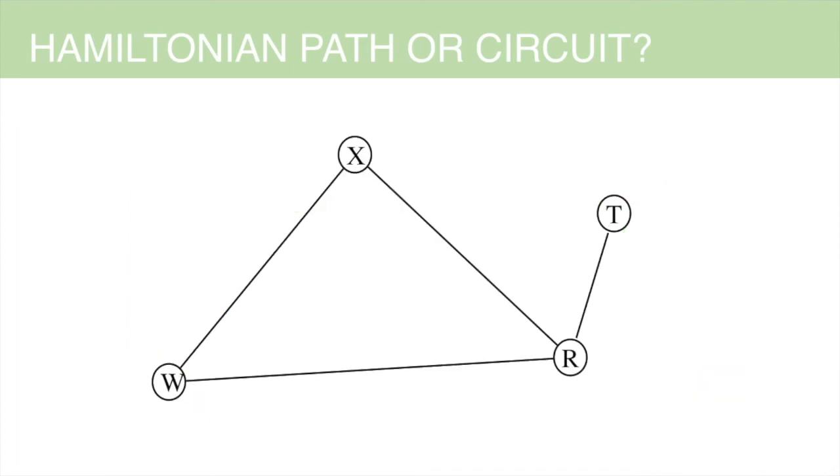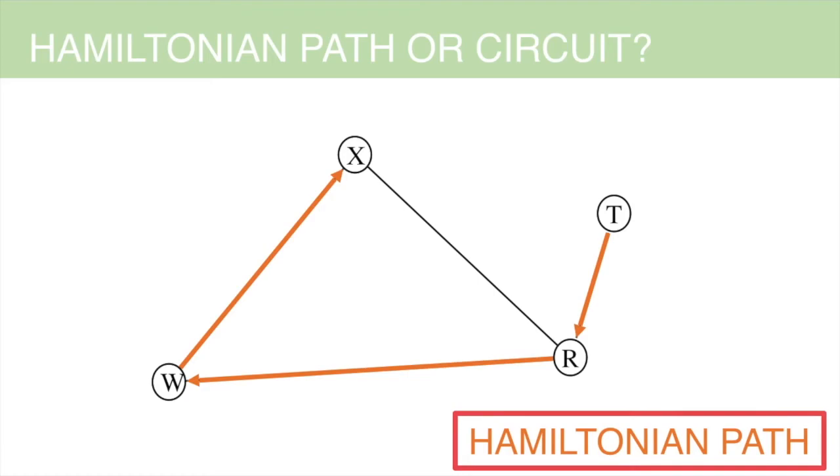Now let's try another example. If we start with T to R, R to W, W to X, we get a Hamiltonian path. As you can see, we can't get a Hamiltonian circuit because we can't start and end at the same vertex.